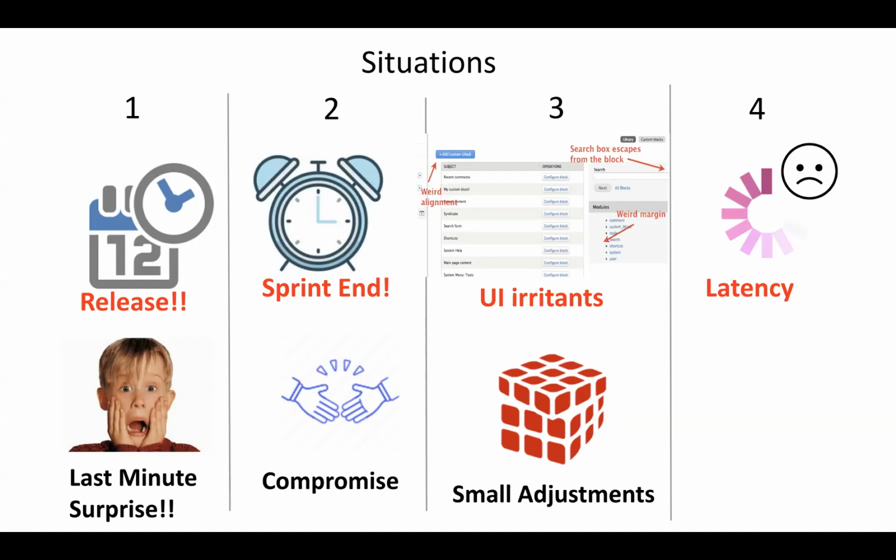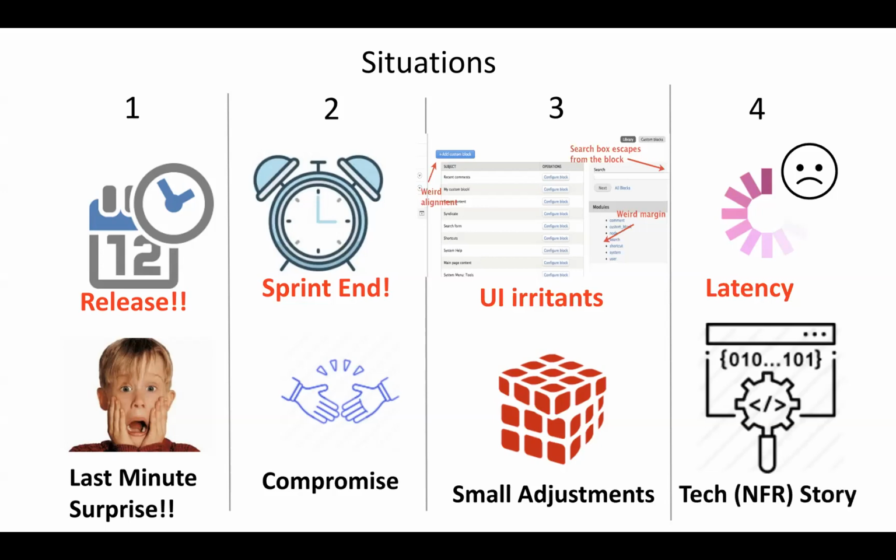Needless to say, all the tech and the non-functional stories go to the backlog, and they get prioritized in the usual way, competing with the prioritization of the functional stories or bugs. I like to call this situation tech story or non-functional story, very simply.